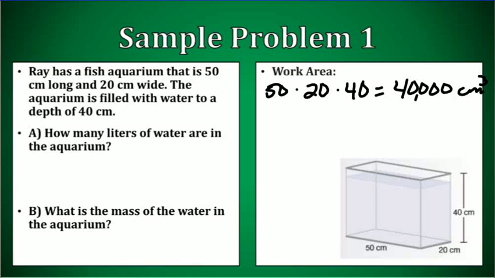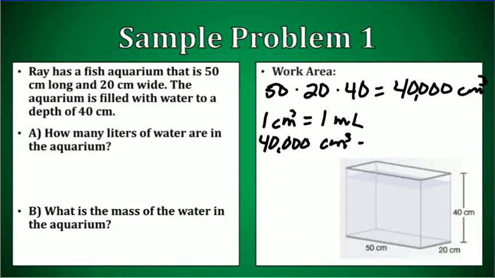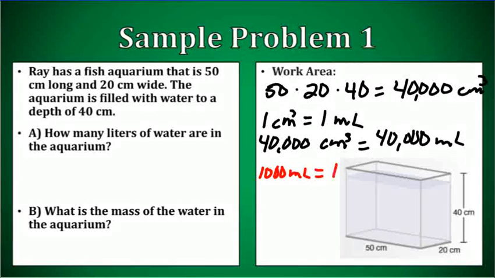And we know that 1 cubic centimeter is the same as 1 milliliter. So if I have 40,000 cubic centimeters, that's the same thing as saying I have 40,000 milliliters. And I also know that there are 1,000 milliliters in 1 liter. So they're asking us for this to be in liters.